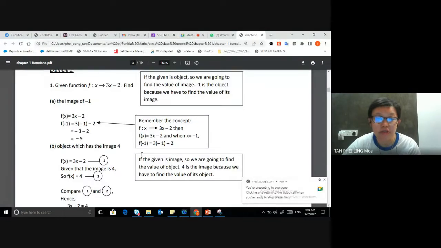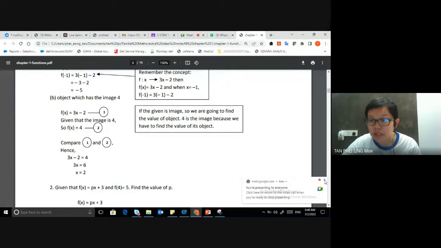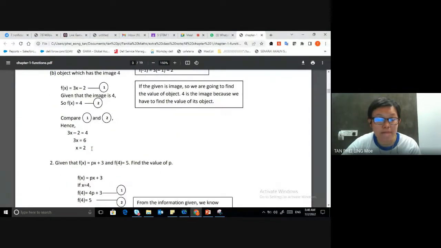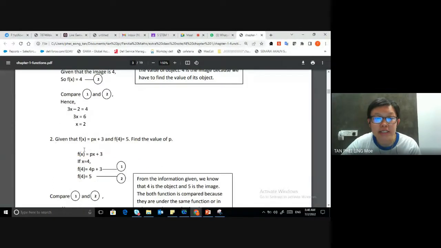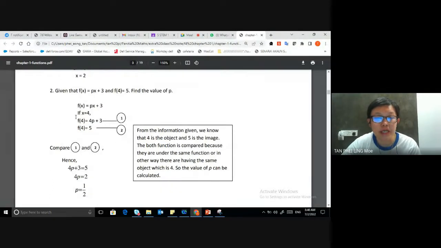Okay, let's move on, that's the very important part. Let's say you have example 2 here: f(x) equals px plus 3, f(4) equals 5. Now they start to give you 2 hints. This hint f(4) equals 5 is meant to give you the object and the image.